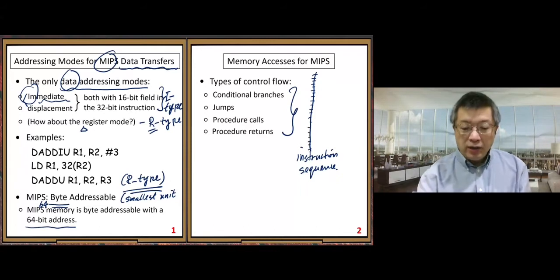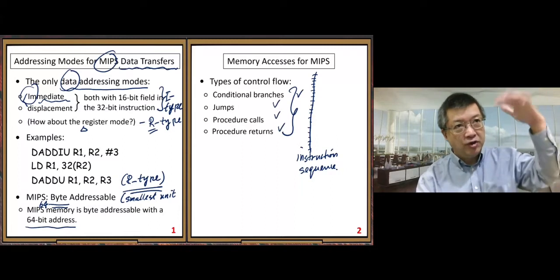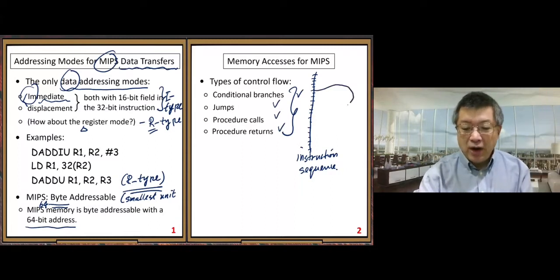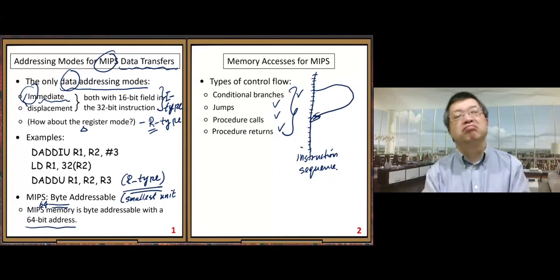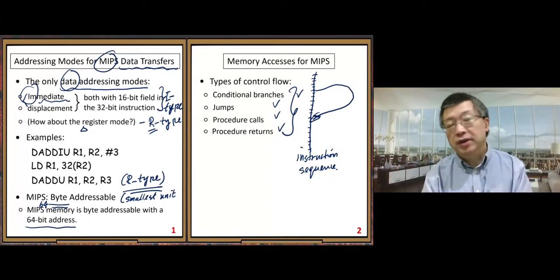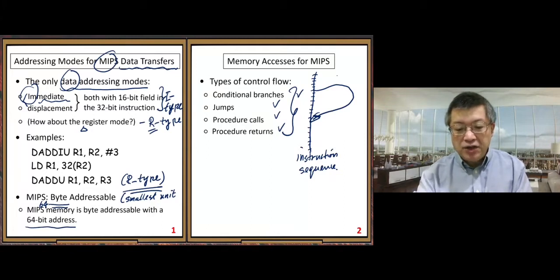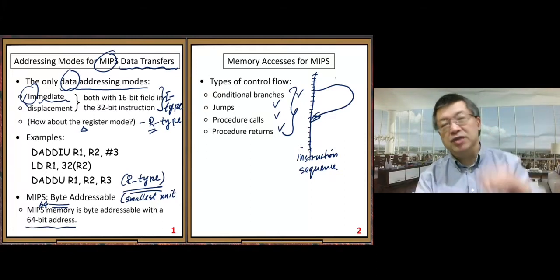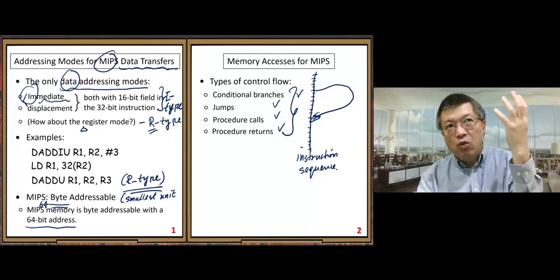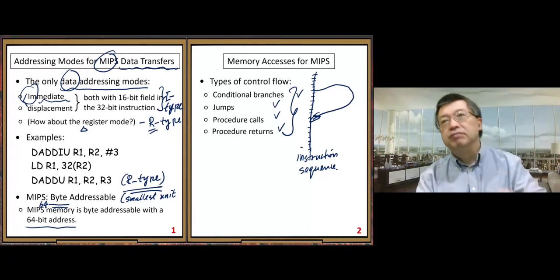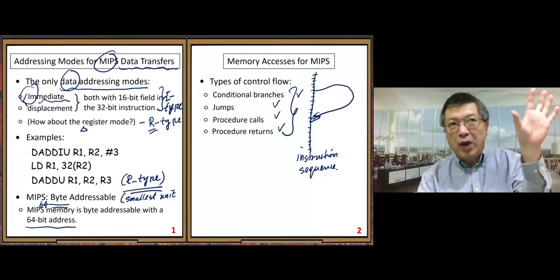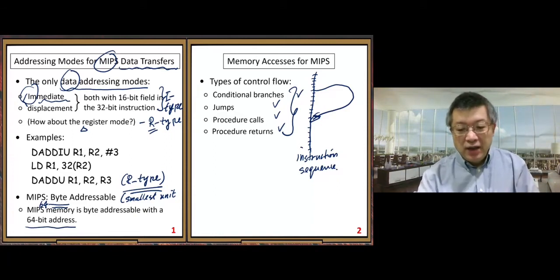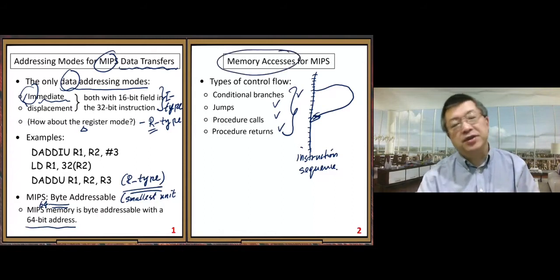But when one of these four special cases happens, you jump to a different location. How to specify this kind of location? Later we will see. We have specific ways to tell how to get to the right location, and that is related to memory accesses.